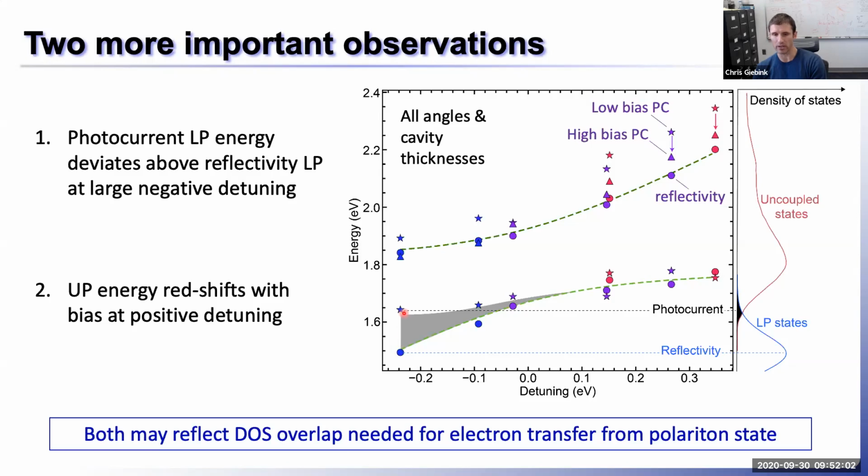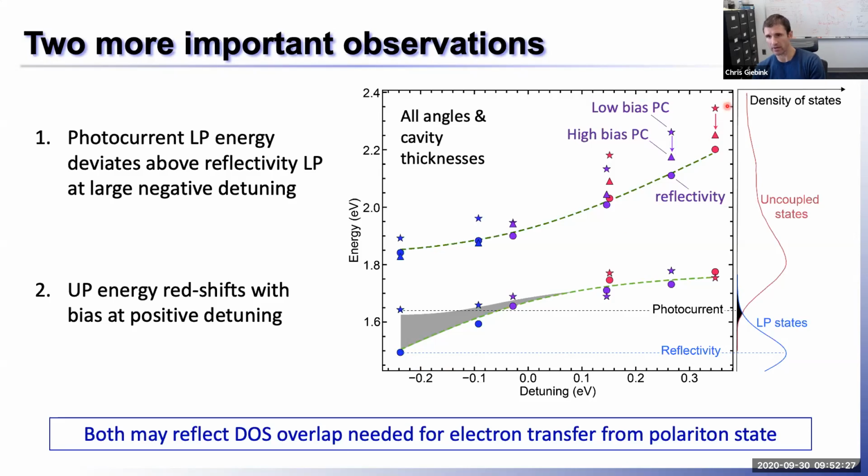This gap, we think, reflects the overlap between the polariton states and the uncoupled states. Obviously we have to have overlap to undergo charge transfer, and those polariton states that overlap with the uncoupled states fairly closely give us the energy of the peak that we see in photocurrent, whereas the polariton states that we see in reflectivity are at much lower energy.